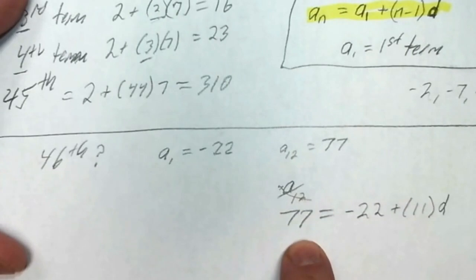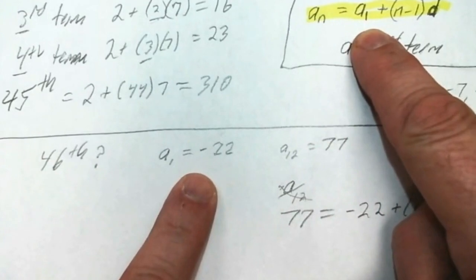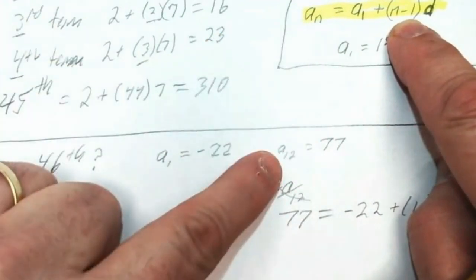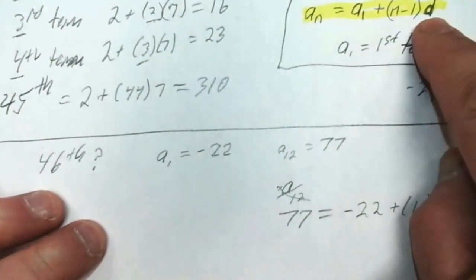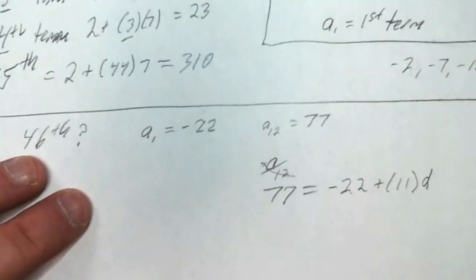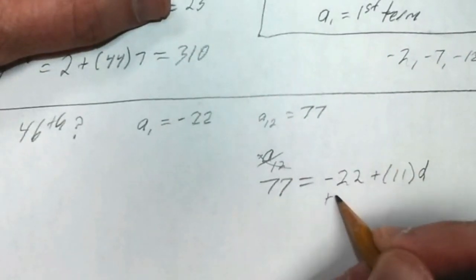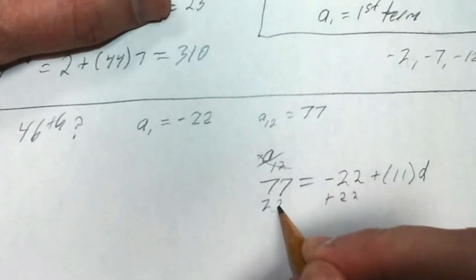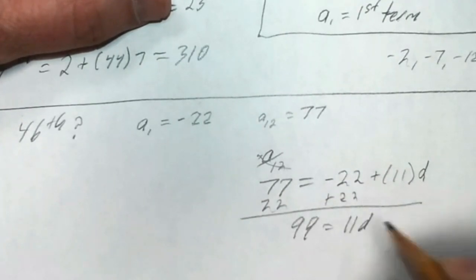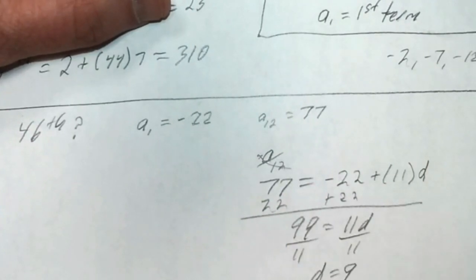So the 12th term is 77. 77 should equal the first term. Oh, we know the first term. Plus n minus 1. What was n? N was 12 because the 12th term. 11 times d. Look, we have a simple equation we can solve. One missing variable. Add 22 to both sides. So that 99 equals 11d. Divide both sides by 11. D equals 9.